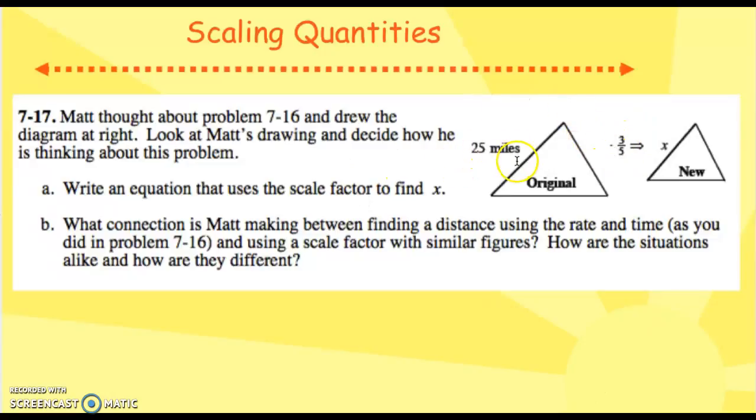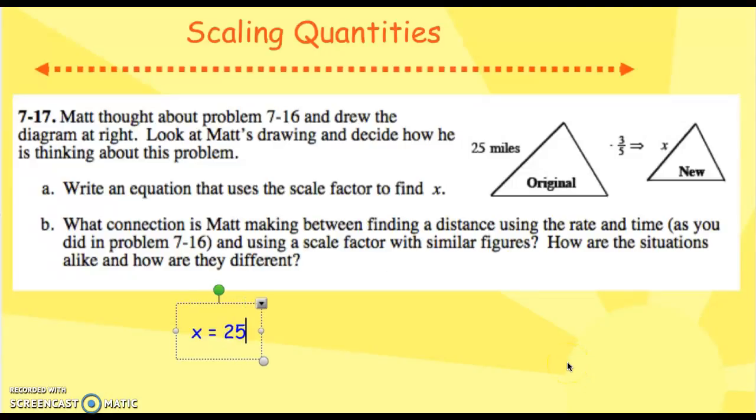When we've done this before, it's usually been whole numbers. Somehow we're getting from one figure to another using a whole number. Here we're going to be using a fraction. So my equation would be, the thing we're trying to find is x. So x equals 25 times 3/5, and that's going to give us how far he had ridden.